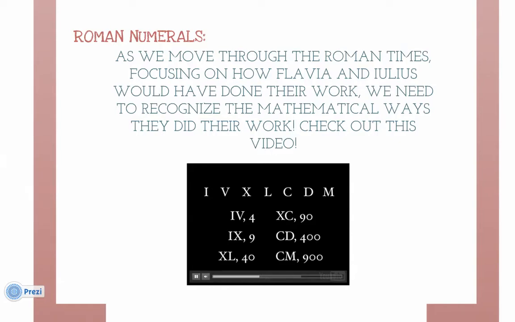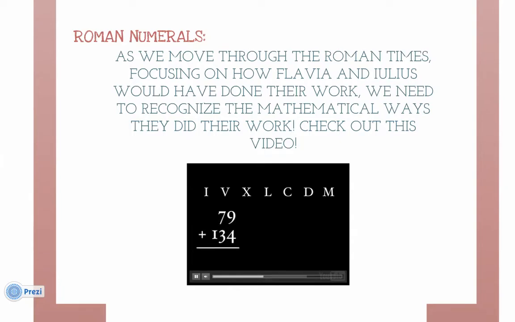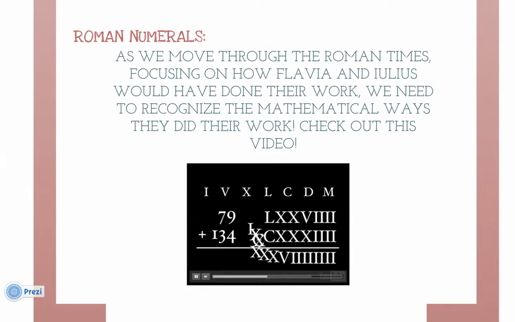That's about it, and there's a reason why the Romans didn't really use these subtractive notations. It's so much harder to add. Think of it this way. Add 79 plus 134. If we represent these using the regular notation, 79 is LXXVIIII, and 134 is CXXXIIII. Now to add, we just group like numerals and order them from the biggest to the smallest. CLXXXXXVIIIIIII.